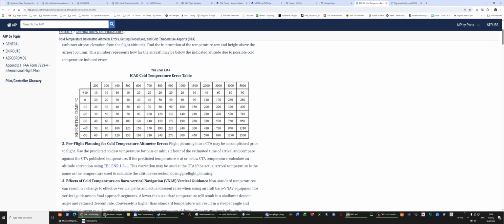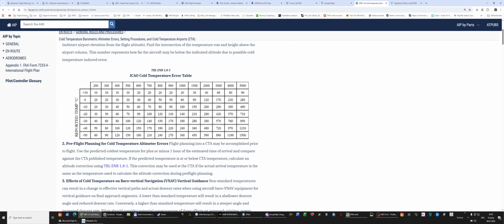This is the reported temperature on the airport, and this is the altitude above the field elevation. So let's say that the reported temperature is -30, which is very close to us, and we are 1,000 feet above the airport elevation.